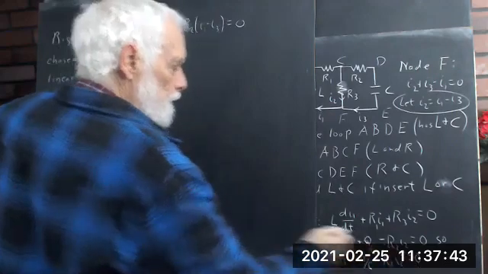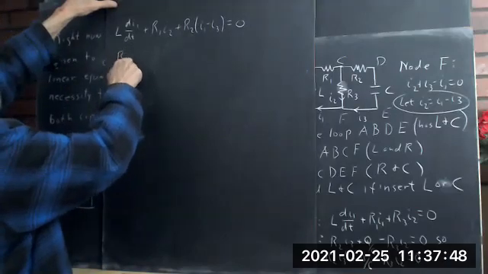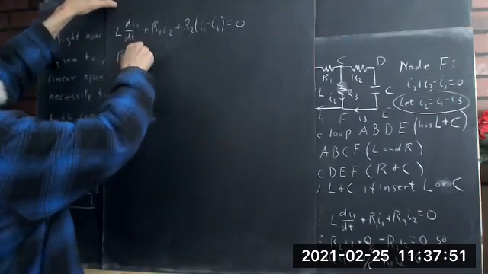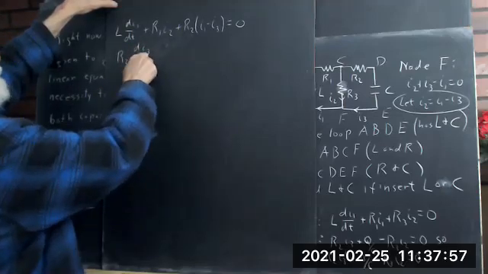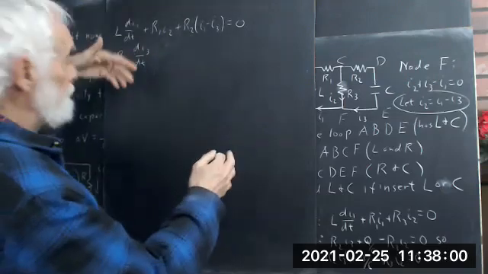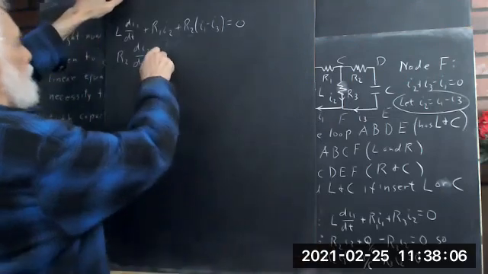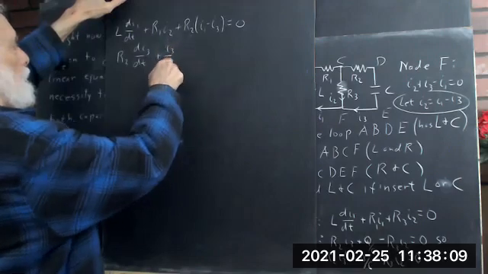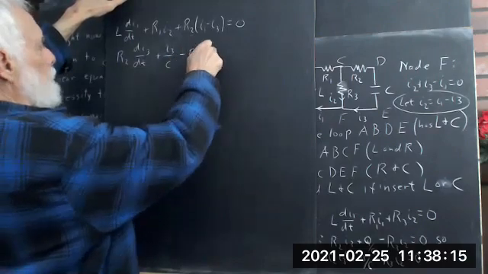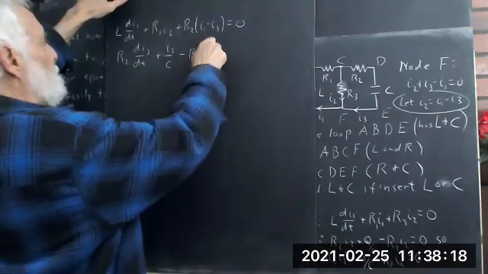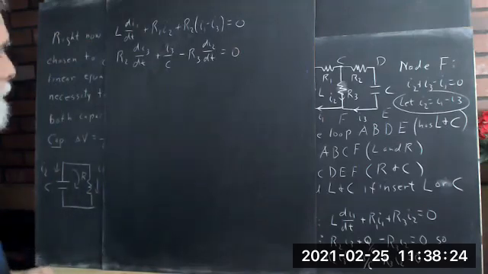Then using the derivative down here, we're going to have R2 dI3/dt. I'm going to reorder these, put them in a prettier form, just line things up a little bit, but we're going to just write it down. R3 I2 prime is dI2/dt equals 0.